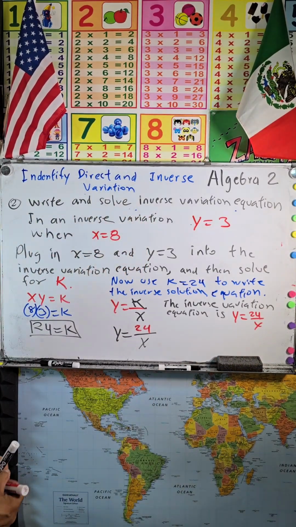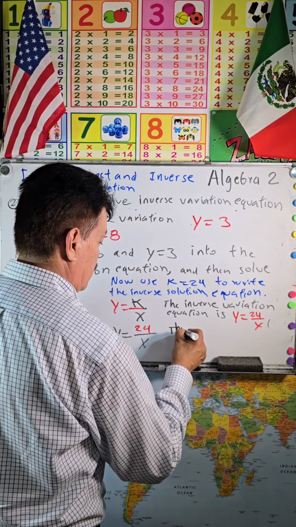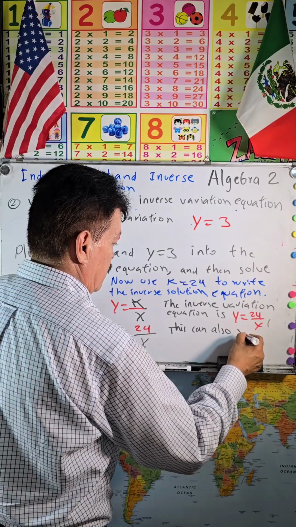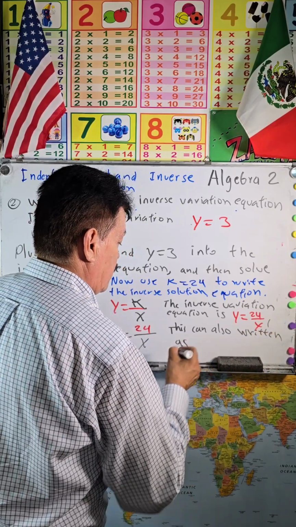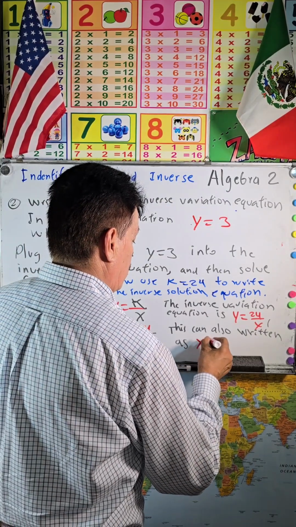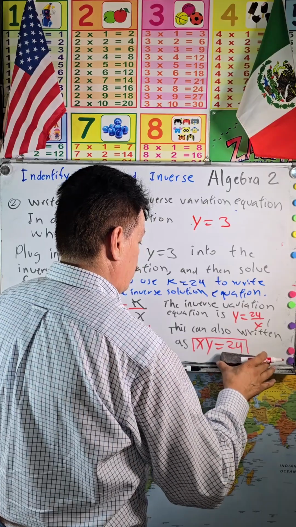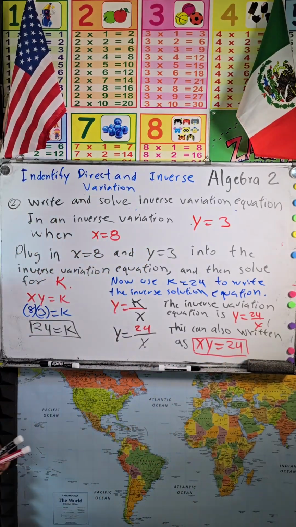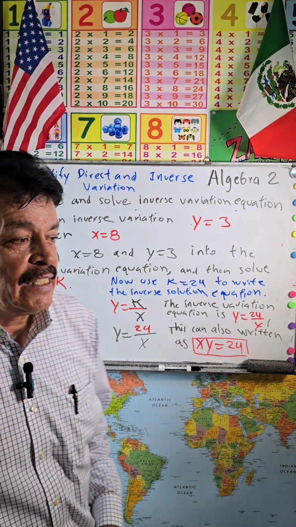All right. This can also be written as x y equals 24.